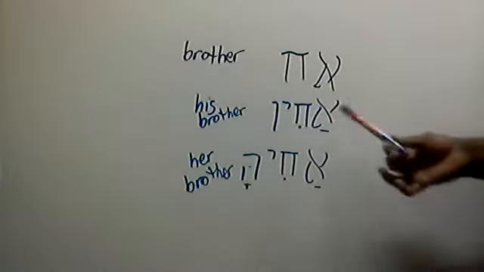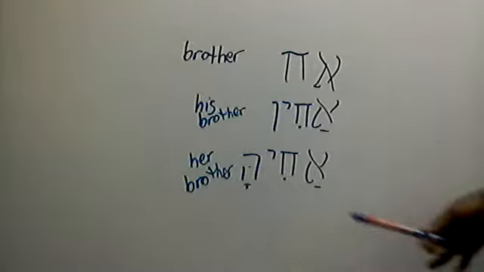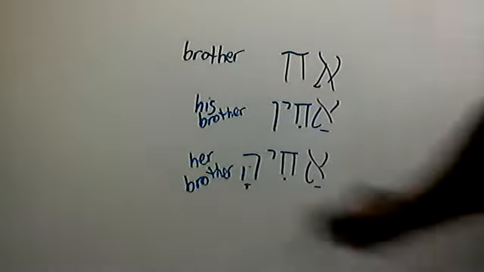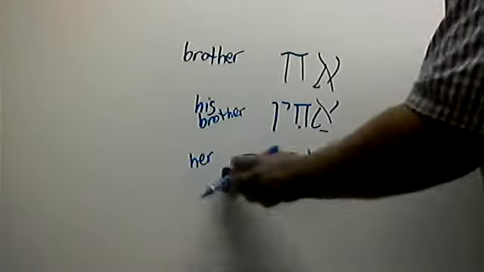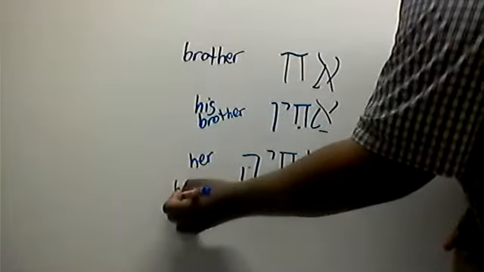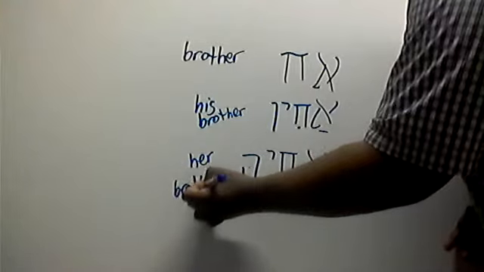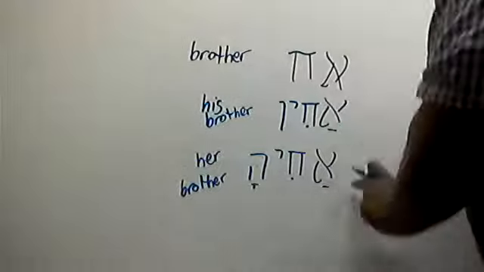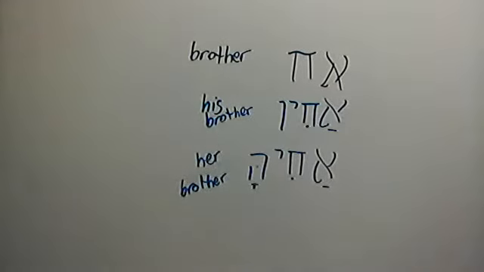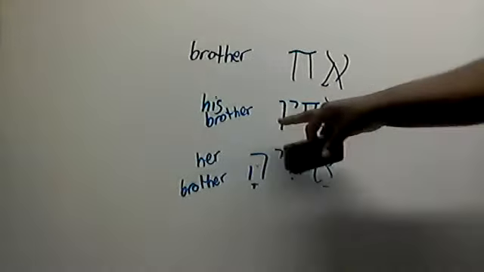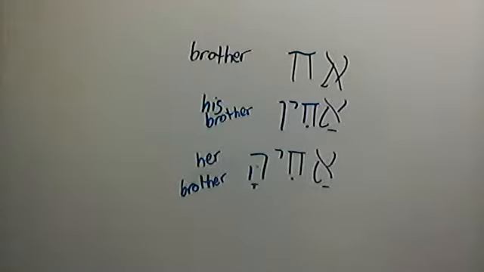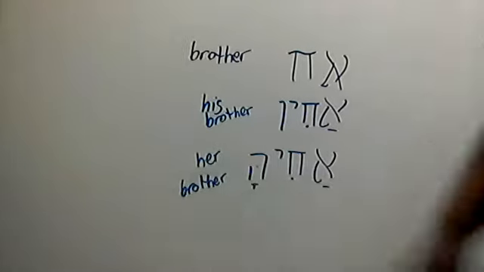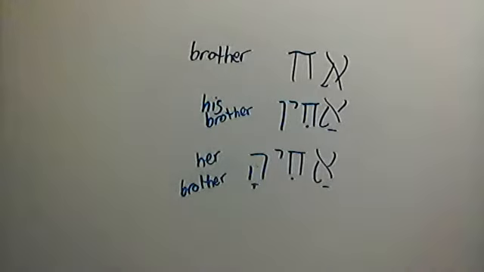This aleph and chet will not drop whatsoever in this. Her brother is achiha. Achiha, her brother. Achiwa, his brother, having it ending inside with the waw. Achiha, her brother.